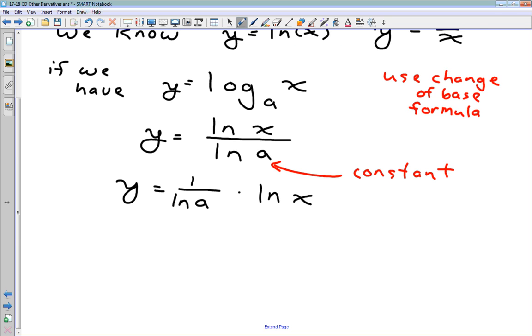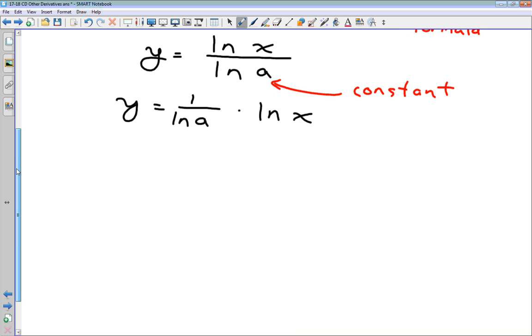We've got a constant times a function, so we know that the derivative is just going to be the constant, 1 over ln a, times the derivative of the function. And we know what the derivative of ln x is. It's 1 over x.